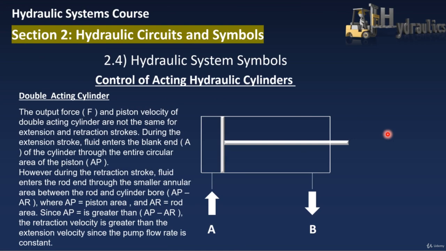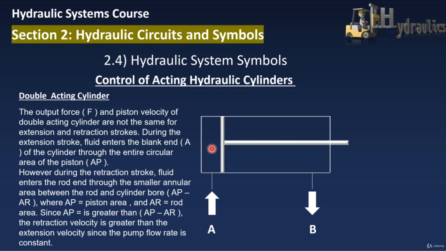The output force and the piston velocity of a double acting cylinder are not the same for extension and retraction strokes. Why are they not the same? Because if we recall the formula for calculating the force, it equals P multiplied by the area. And here we have two different areas.